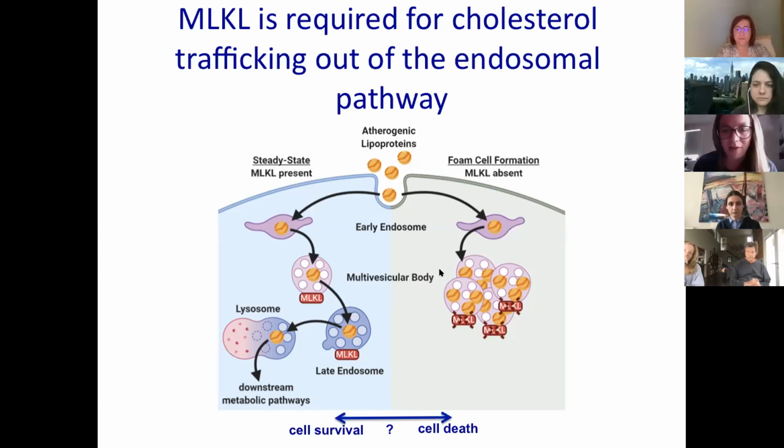And if you don't have MLKL, we see that all of this is backed up, in particular at the late endosomal multivesicular body stage. So it points to the necrosome, or necrotic cell death, being at a junction with cell survival and trafficking and lipids.